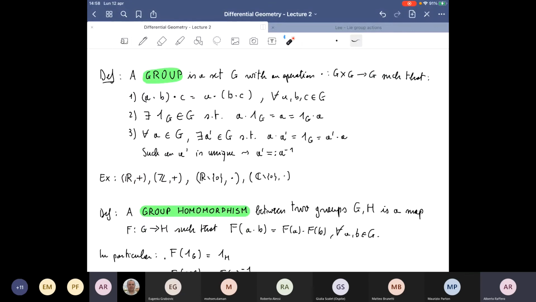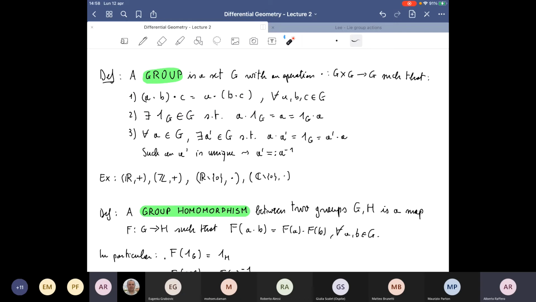So first of all, you already met this definition last time. Let me recall this. What is a group? A group is a set, which I shall denote with capital G, with a binary operation, considering two elements of the group and giving you a third element of the group. And such an operation has to satisfy these three axioms. So first of all, you want this operation to be associative.